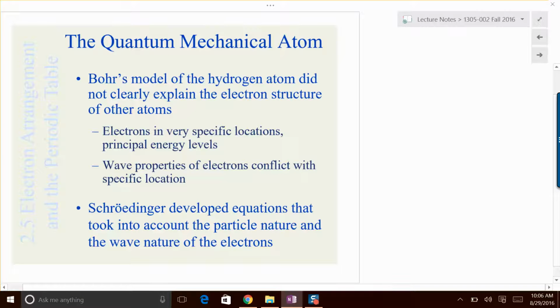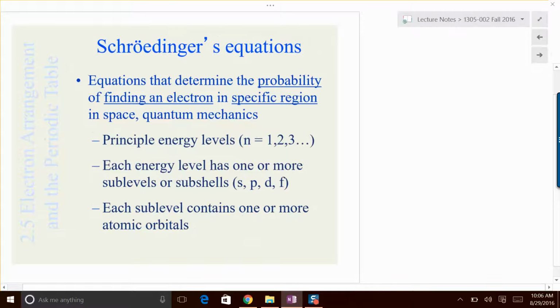So Bohr, he's the one that has these Bohr atom models, right? And so they're identifying the locations of the electrons on the atom. And the principal energy levels, we would say, are n equals 1, 2, 3, 4. Those are the 1, 2, 3, 4, 5, 6, 7 of the periods. And each energy level has one or more sublevels, S, P, D, F. We've already identified those on the periodic table.